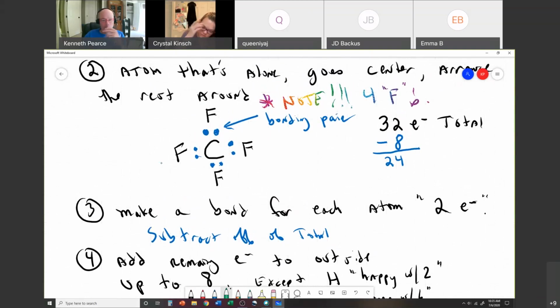Now, when I say up to 8, I include those blue electrons I put up there. I'm including those as the shared electrons, but they're sharing on everyone. So they're not just on the carbon, they're not just on the fluorine, they're on both at the same time.